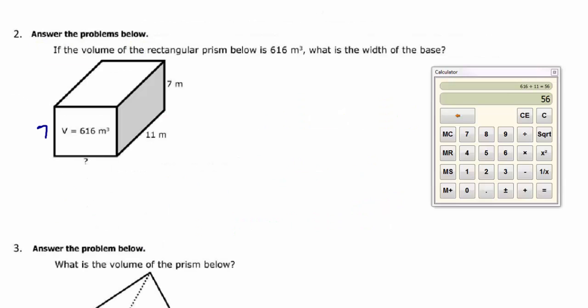All right, problem number 2. In this problem, I know that I have this 616, that's the total, and that's equal to the area of the base times the length.